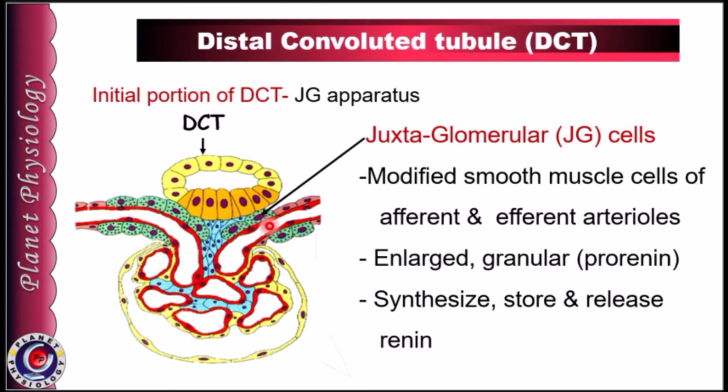Smooth muscle cells of afferent as well as efferent arterioles are also modified to form juxtaglomerular cells or JG cells. These are enlarged and granular in nature, as you can see here, and they synthesize and store inactive form of renin, that is prorenin.